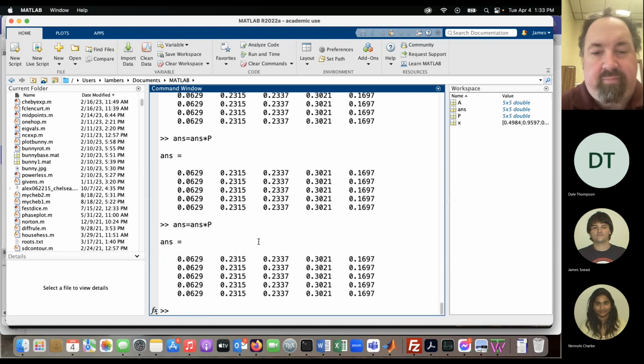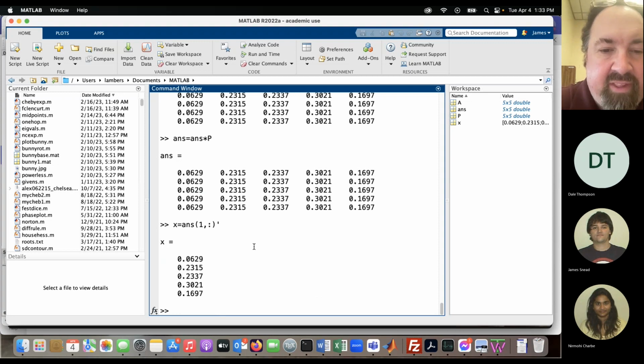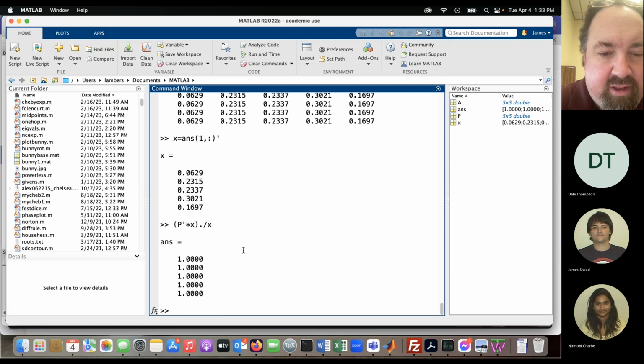What we have here, if I take the top row of this matrix and transpose it to make it a column vector, then if I look at P transpose times X divided by X component-wise, it's all 1.